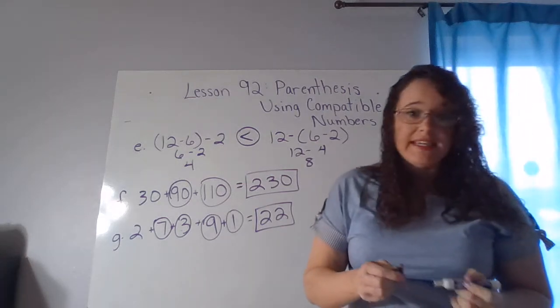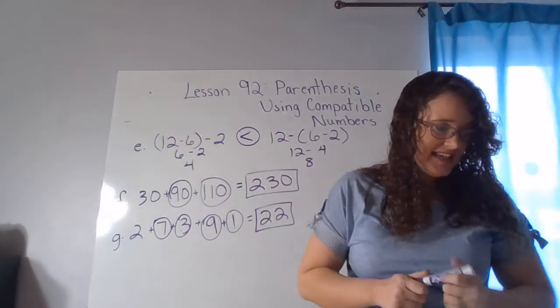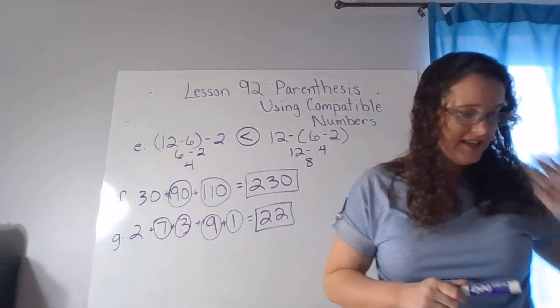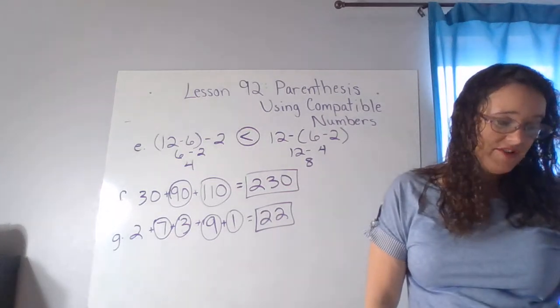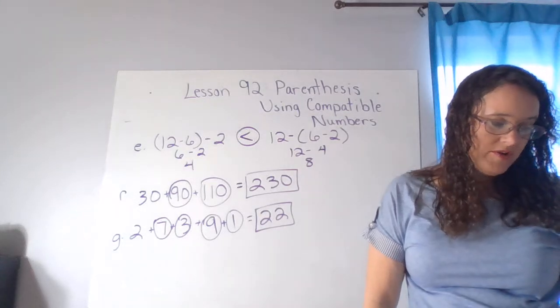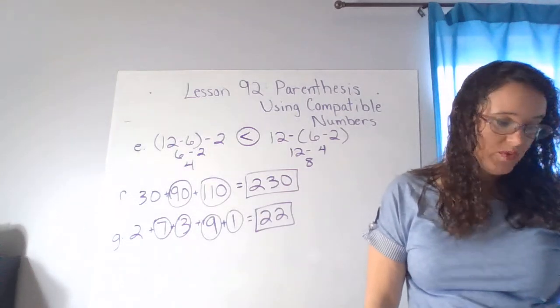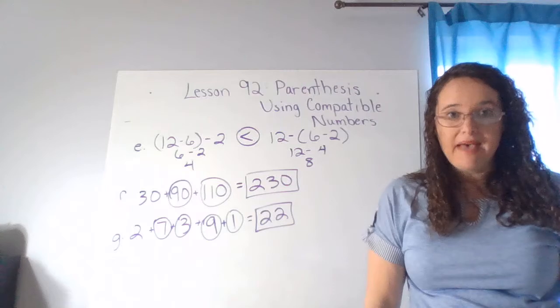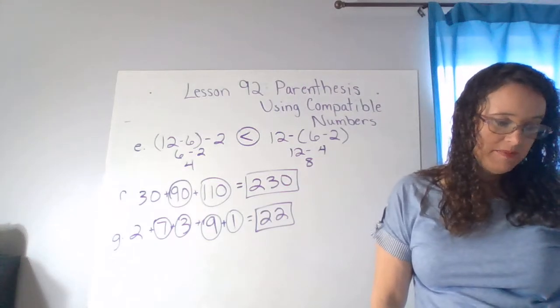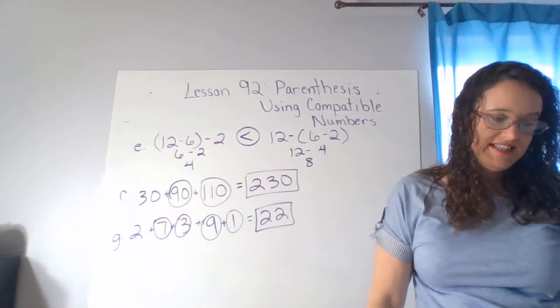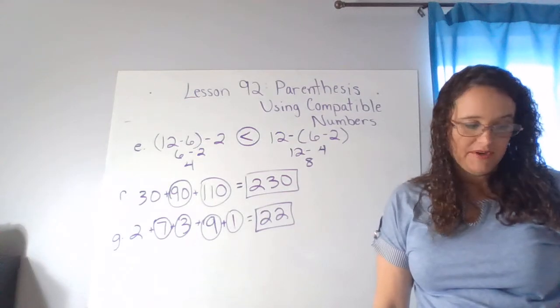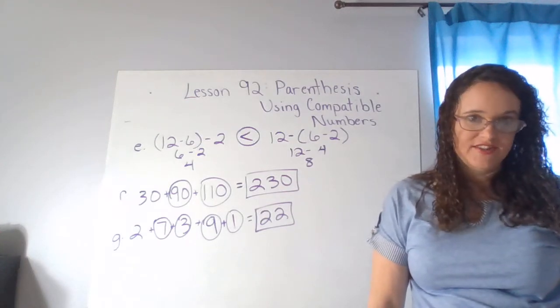All right, I'm going to read the word problem to you. It says, Paolo spilled the puzzle pieces on the playground. The puzzle had 800 pieces, but Paolo could only find 627. About how many puzzle pieces were lost? Write a subtraction number sentence using compatible numbers to find your answer.